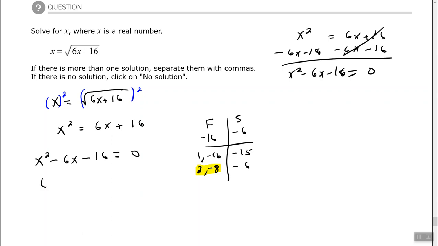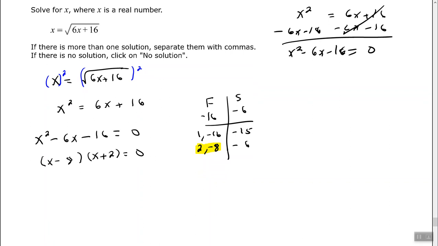So I can come over here and factor this out. Remember, we make two sets of parentheses: x minus 8 times x plus 2. After we factor, we set each factor equal to 0 and solve.